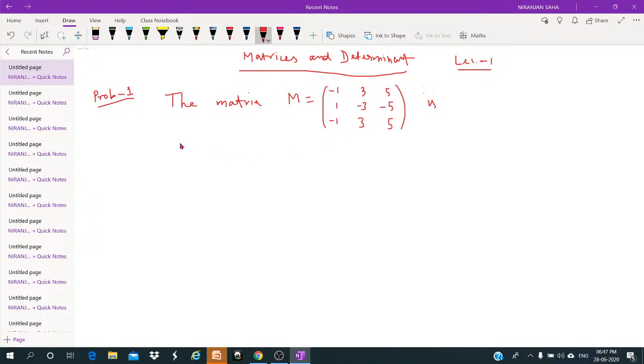First option is given nilpotent matrix. B option is given idempotent matrix.